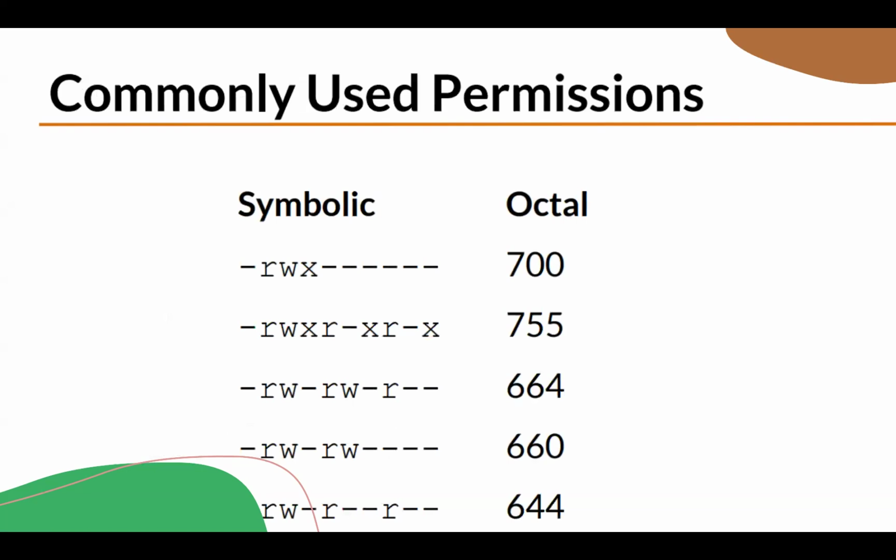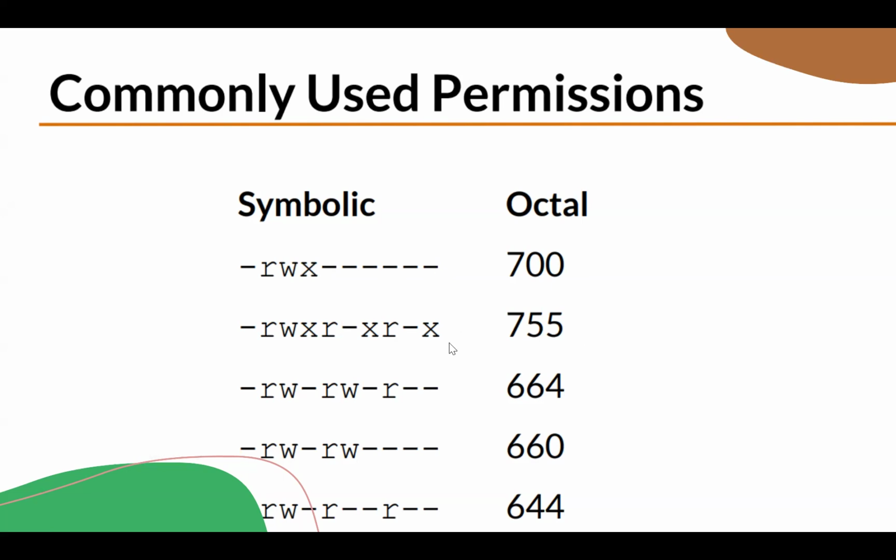Here are the most commonly used file permissions. 700 ensures that a file can be read, written, and executed by the owner, the user, and no one else on the system will have access. Groups and others don't have any access to read, write, or execute.